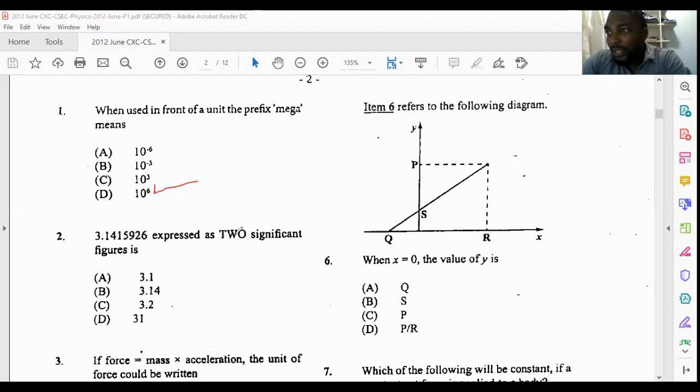All right, number 2, 3.1415926 expressed as two significant figures. When we say two significant figures, it means it only wants to see two digits of importance from the left, as in two non-zero digits from the left. So we start counting from the left.